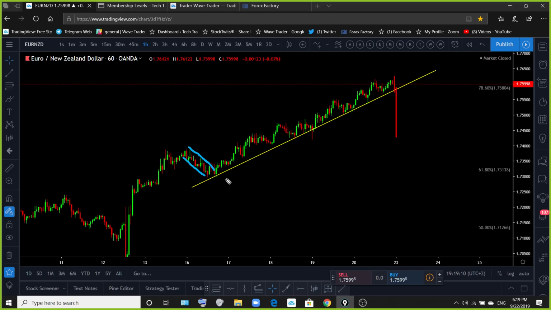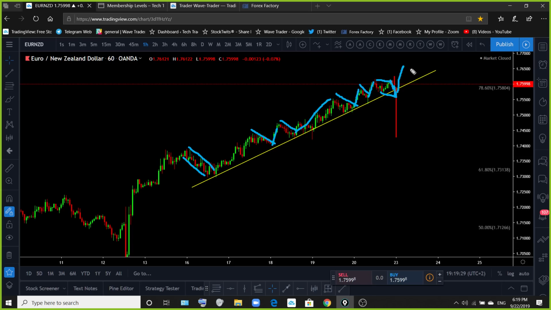Let it go more higher. Keep correcting, go more higher. Correct, go more higher. If it corrects again, let's see a bit deeper, go more higher.